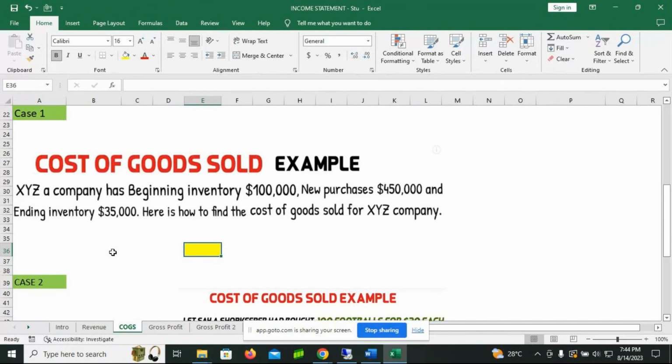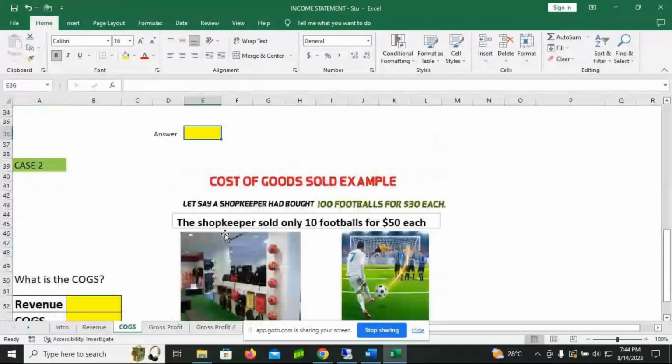Here you need to calculate the answer for case 1 and case 2.